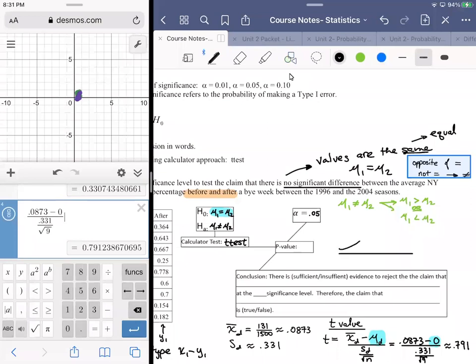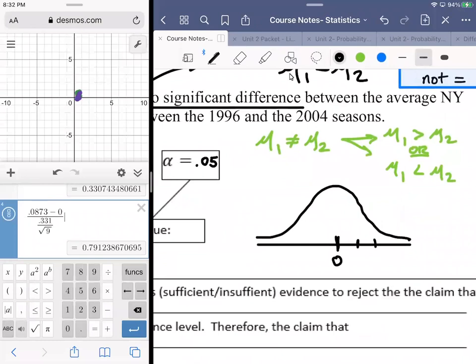So the t distribution is centered around 0 based off of the degrees of freedom, which we'll handle in a second. But that 0.791, if I label up my graph in terms of increments of 1, 2, 3, would be about right here.